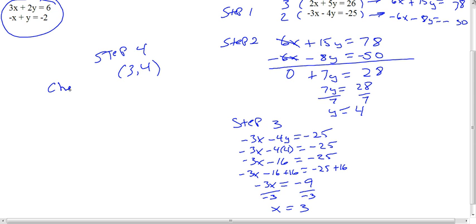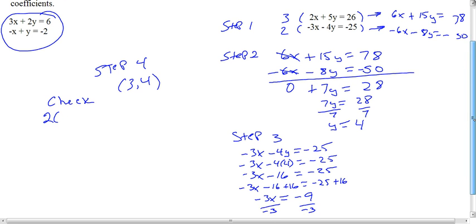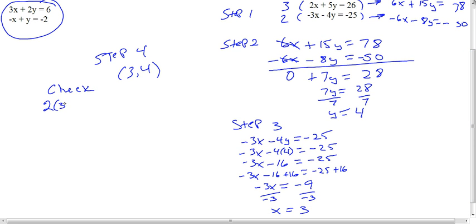Checking again, guys, I'm going back up to my original equations. So I'll have 2 times my x value, which is 3, plus 5 times 4, make sure we're going to equal 26.